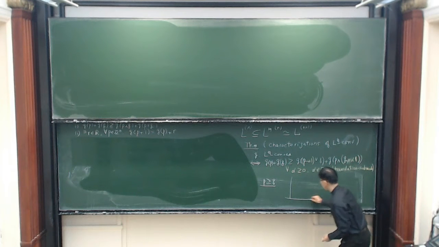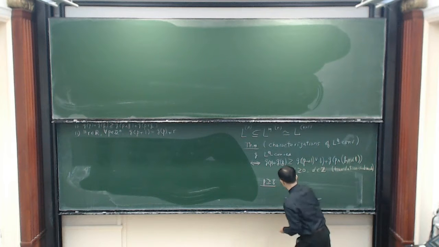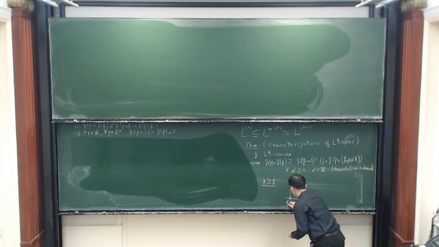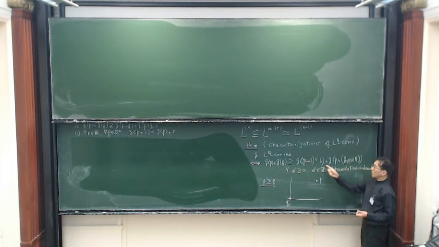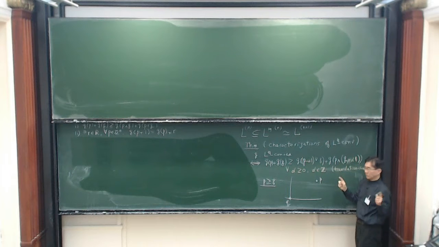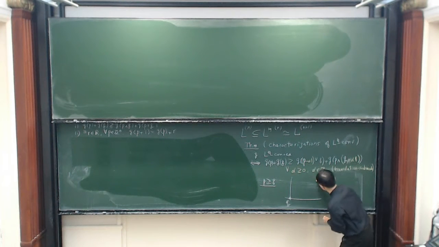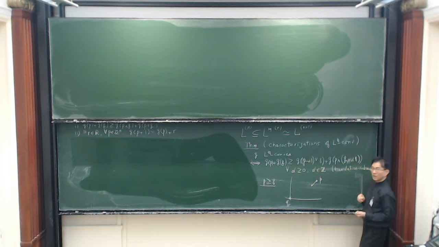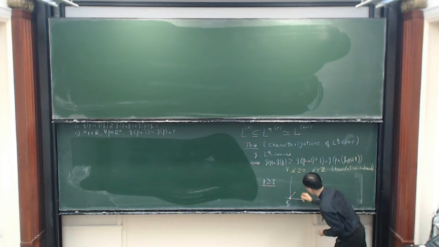In that case, P is here, Q is here, and P is somewhere here. And now alpha is a small number, say 1 or 2. Then this vector goes this way, and this vector goes this way.